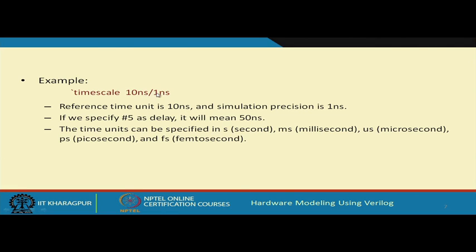Now, instead of nanosecond, I can use other units also: s meaning second, ms millisecond, us microsecond, ps picosecond or fs femtosecond. This can be specified. But again, these are all for simulation. This has nothing to do with the actual delay of the circuits. Okay? These are just very rough estimates which the designer has given for the purpose of simulation.